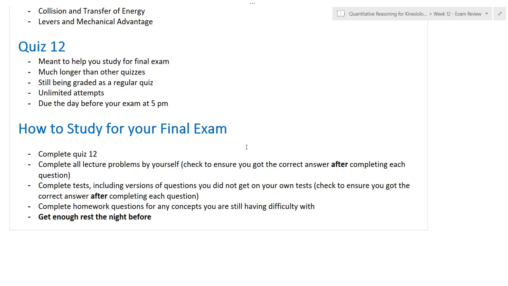It's testing you on a bunch of different types of questions, similar to your other quizzes, but because it's so long, you'll have unlimited attempts, and it will be due the day before your exam at 5 p.m. So once you know your exam day, we'll set the due date for your quiz to be the day before at 5 p.m. Quiz 12 is still being graded as a regular quiz, so it's being graded the same value even though it's longer than the others.